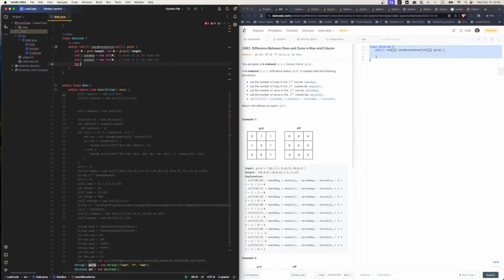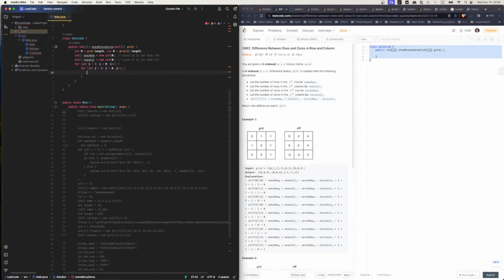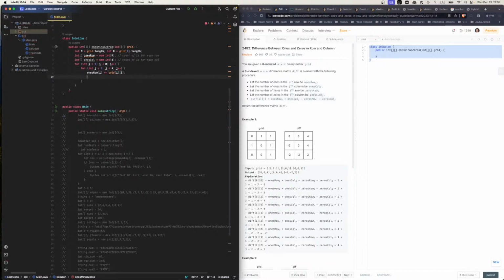And then we just say for int i = 0; i < m; i++, for j = 0; j < n; j++. Then we say onesRow[i], that's the ith row, plus equal to grid[i][j], and onesCol[j] plus equal to grid[i][j].